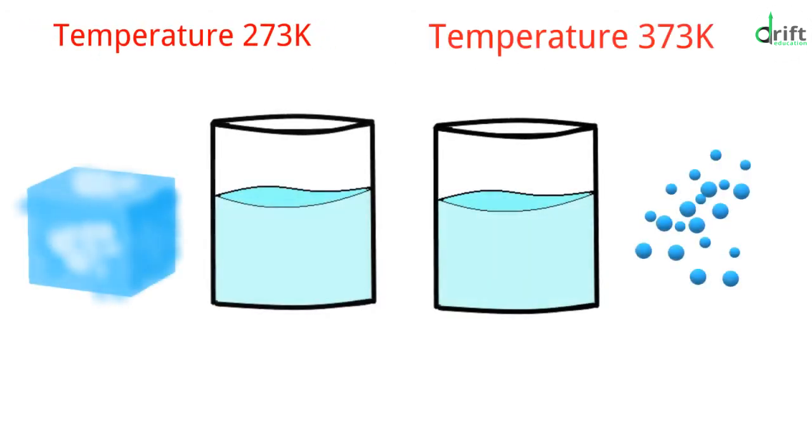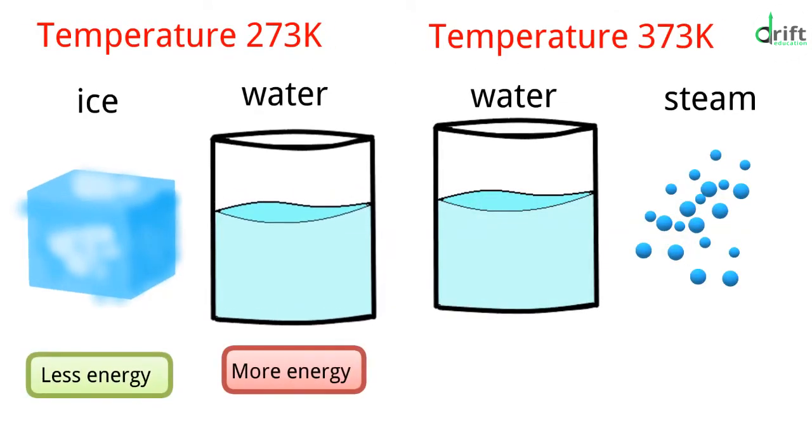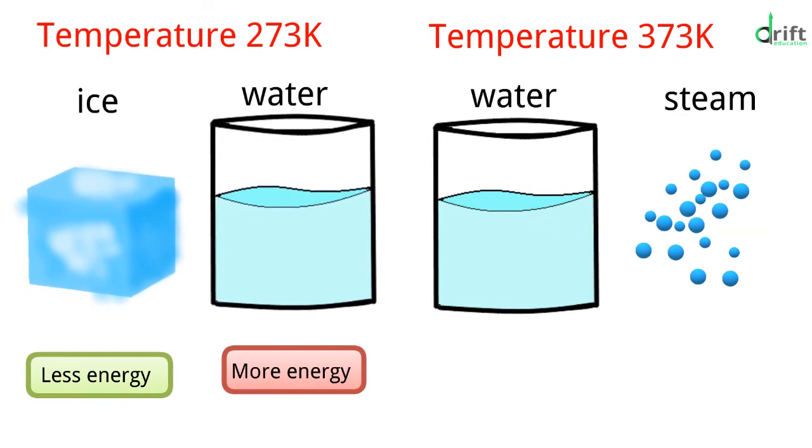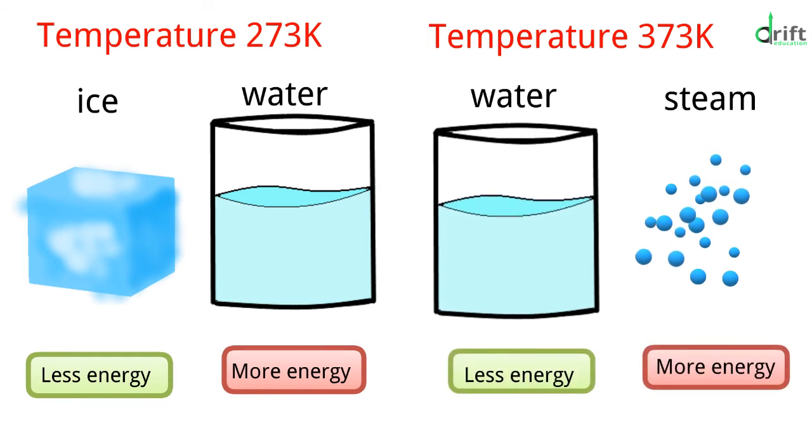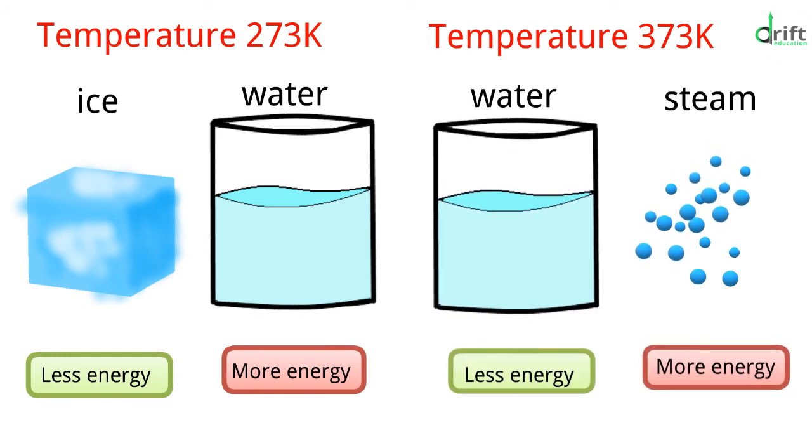So, particles in water at 0 degrees centigrade, that is 273 Kelvin, have more energy as compared to particles in ice at the same temperature. And similarly, particles in steam, that is water vapor at 373 Kelvin, that is 100 degrees centigrade, have more energy than water at the same temperature.